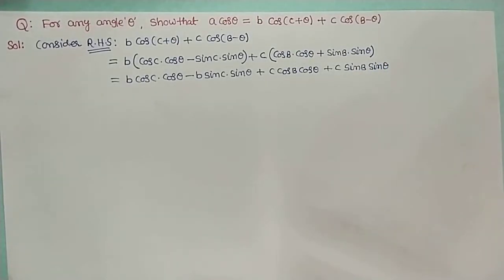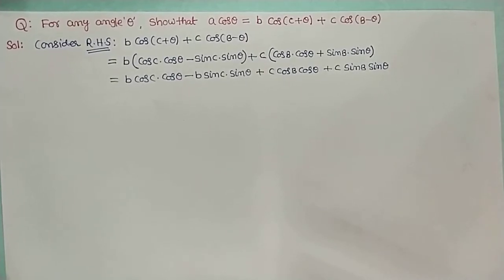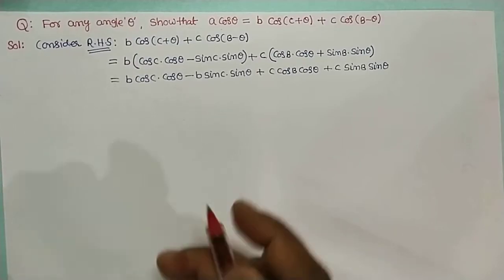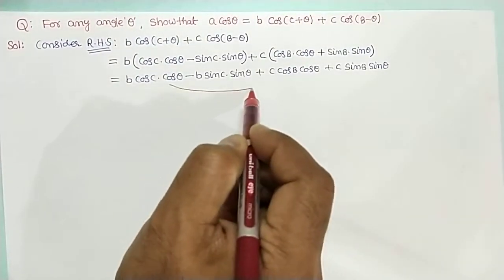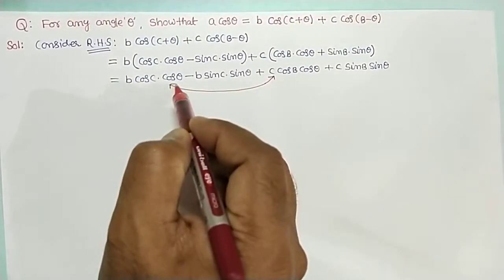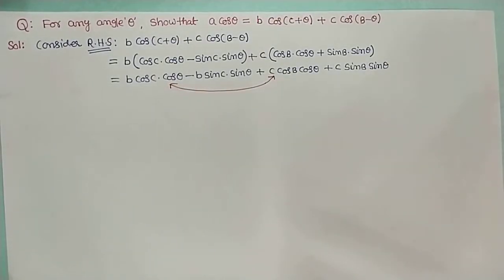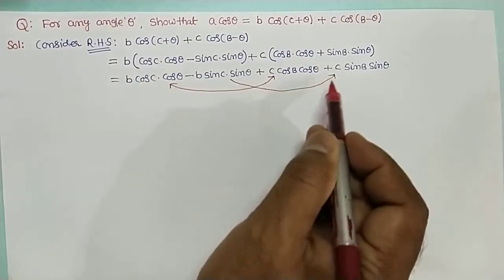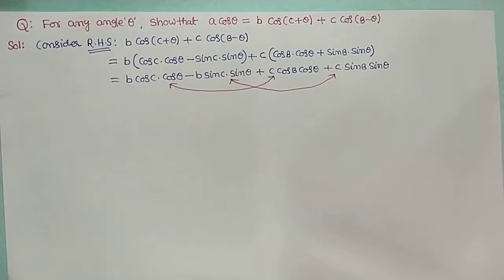After that, from the first as well as third, we have to take common cos theta, and from second and fourth take common sin theta. This is the only turning step for this problem. Observe carefully.